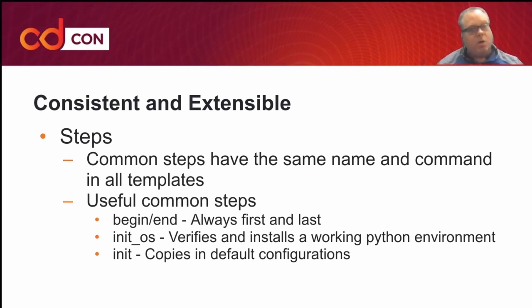However, init only copies default configurations in if the configuration file isn't already there. This means if developers need a more advanced configuration, they can put it in their repository and still use our template. So they get the functionality of our template with the ability to use their own configurations, which makes them happy because they don't have to deal with many things, but the things they want to deal with, they can.